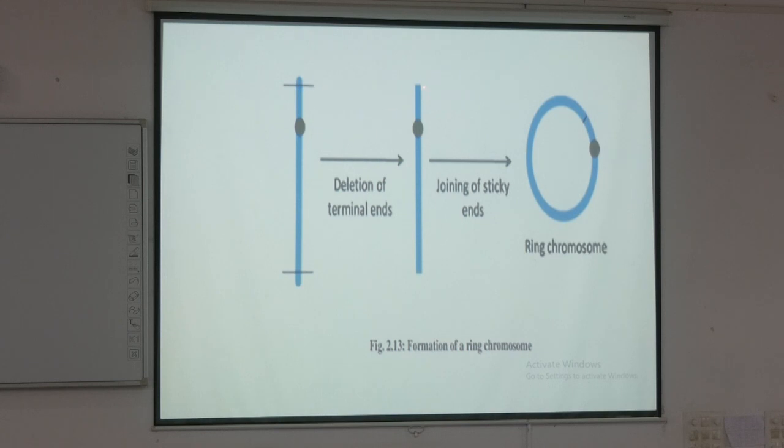That leaves the chromosome with both ends open, and the broken ends are very sticky. With division, with the rolling of the chromosome, these two ends might come closer together and rejoin like this, giving rise to the ring chromosome formation.